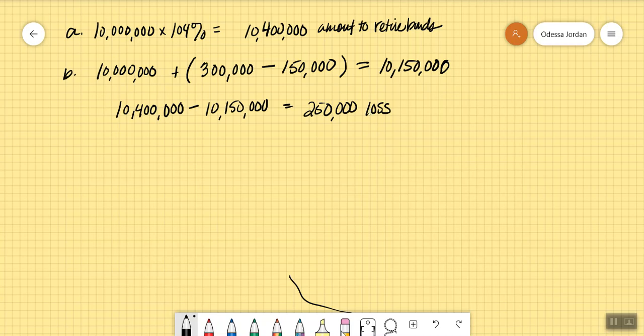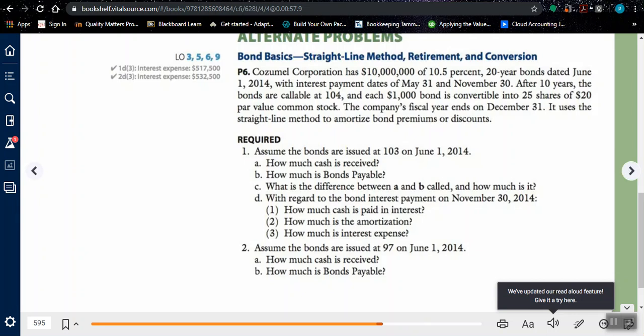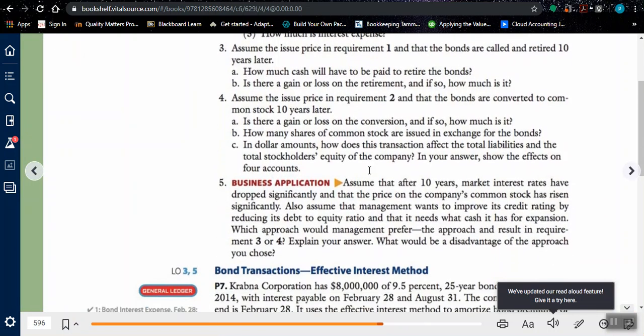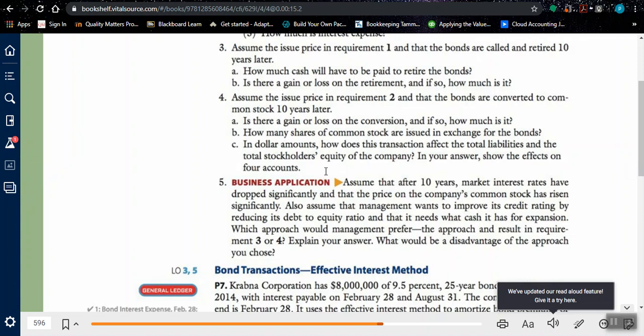All right. Then when we take a look at the questions here in 4, it says assume the price in requirement 2 and that the bonds are converted to common stock 10 years later. So instead of us purchasing them back, they convert over into a different type of instrument, an equity.